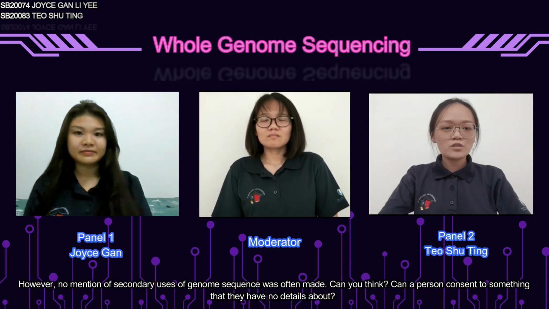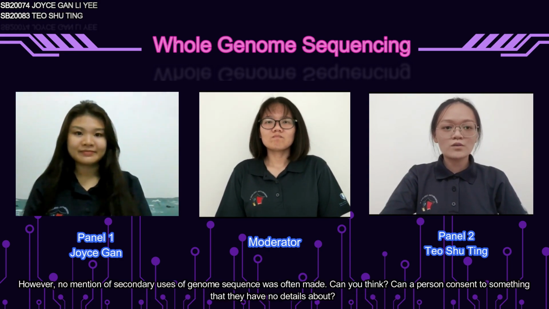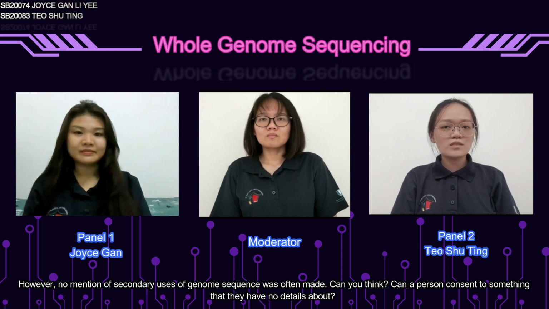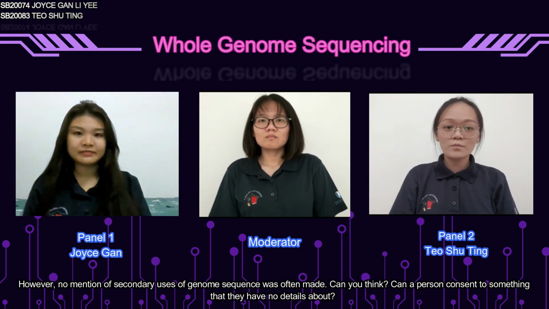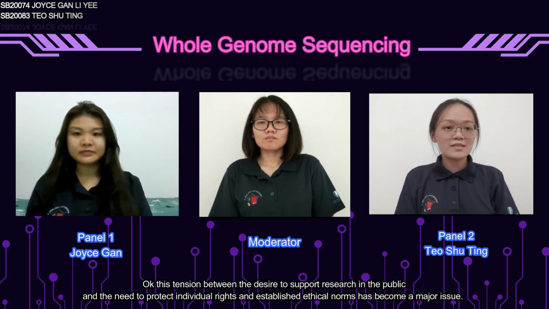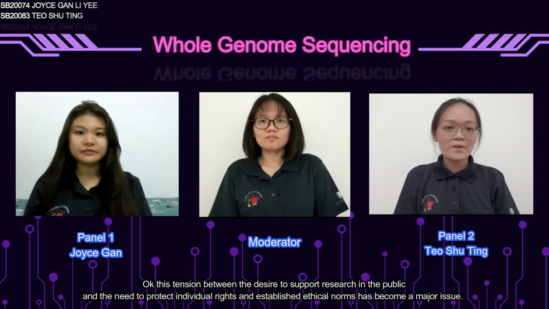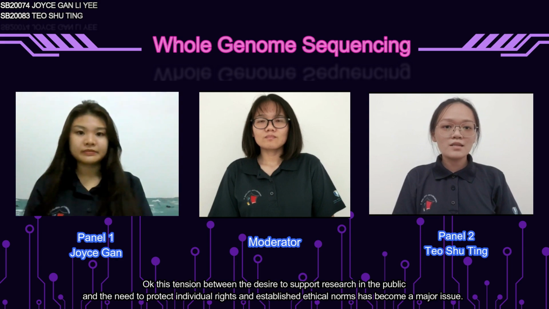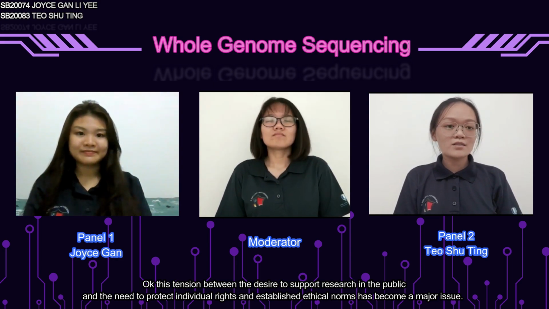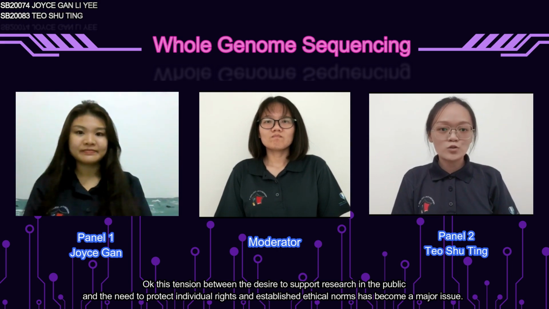However, no mention of secondary use of genome sequence was often made. Can a person consent to something they have no details about? These tensions between the desire to support research in the public and the need to protect individuals' rights and establish ethical norms have become a major issue.